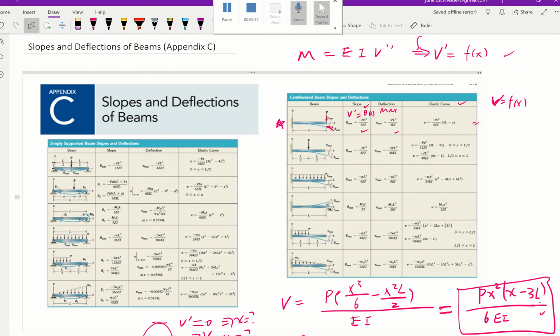Very likely the maximum slope, theta max here, is going to be at the very left end and also the very right end because it's symmetric. When the maximum deflection happens right in the middle, the slope there is equal to 0. However, the slope is a maximum at the very left and very right ends.